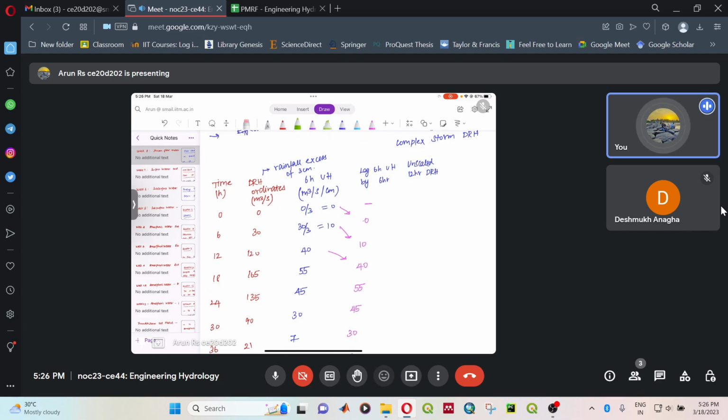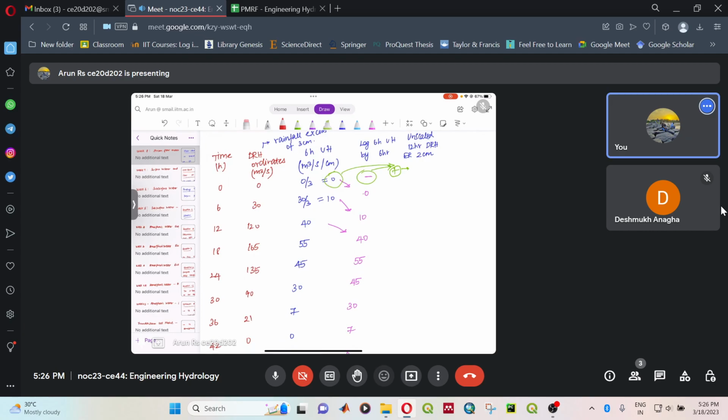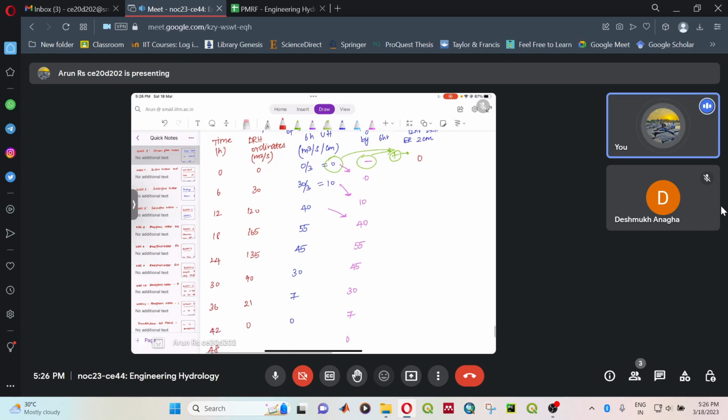For that we need to add these two columns. This corresponds to a rainfall excess of 2 centimeters. So this will be 0, 10, 50.